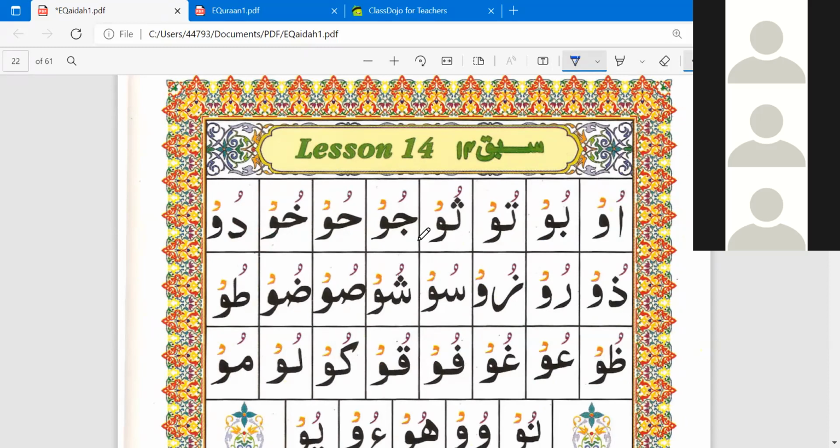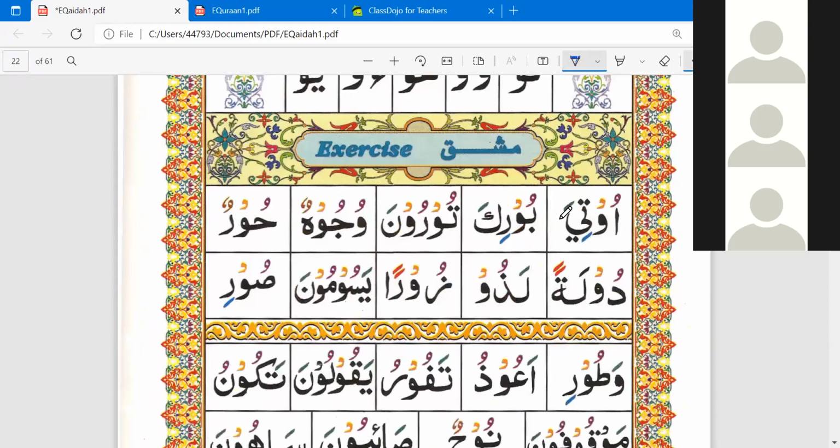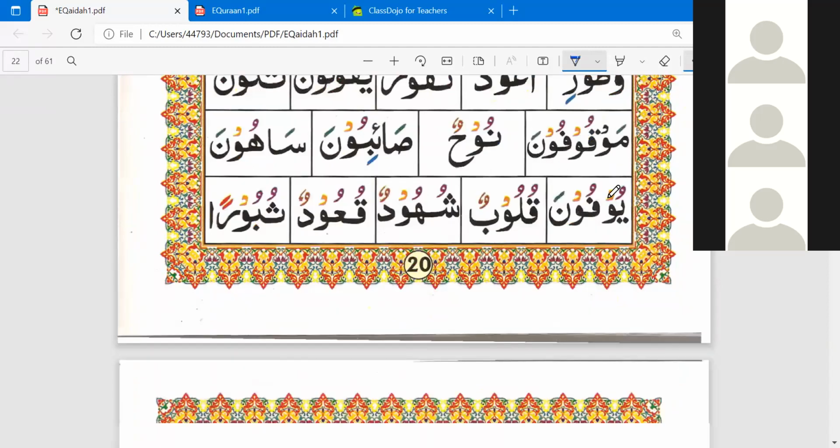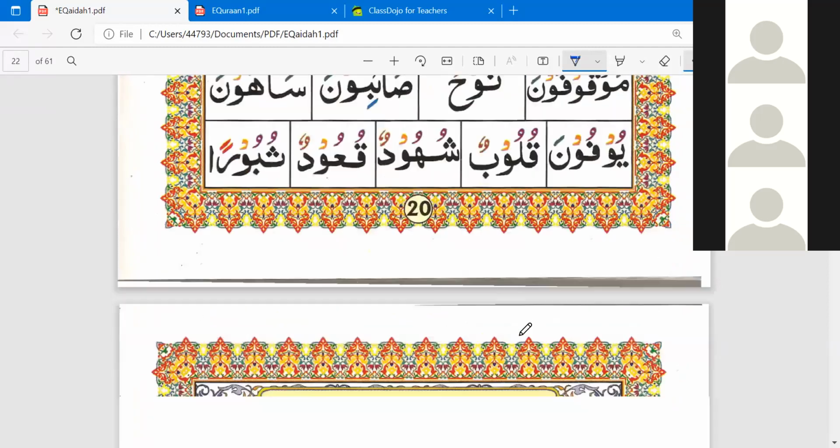So this elongate dhamma. U, bu, 2, utia, burika, turuna. Elongate, elongate, because I can see waw mad. Turuna. Wujuhun. Dulatan. 2 count. Dulatan. Waturi mawkufuna.